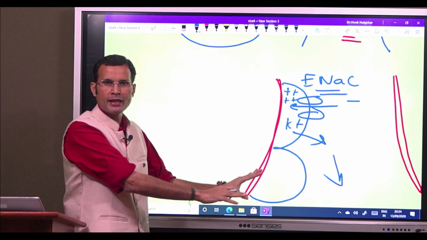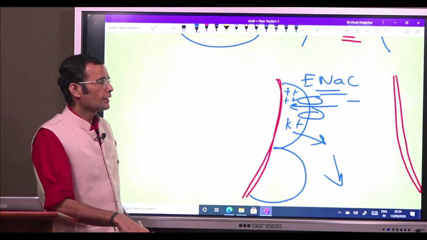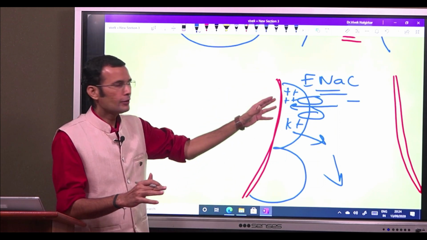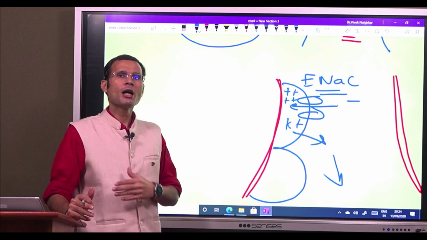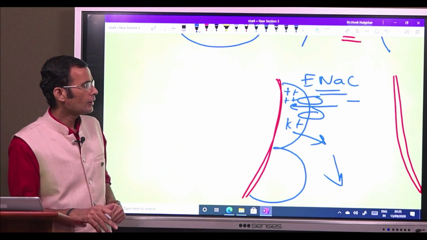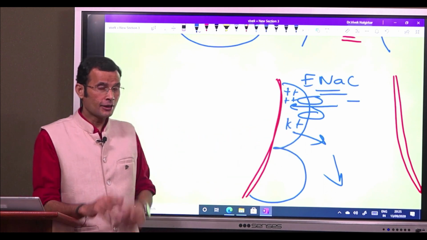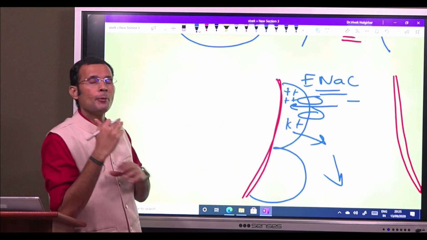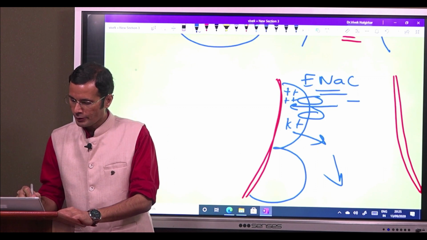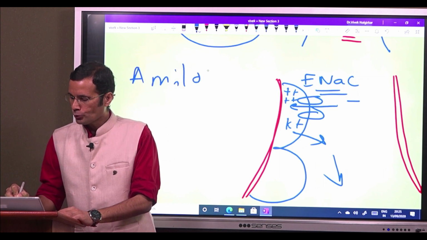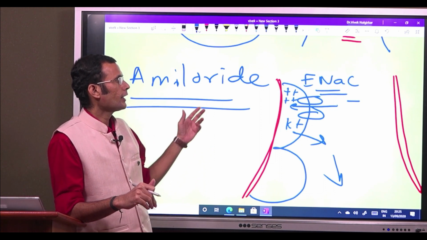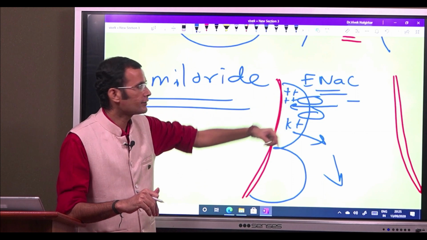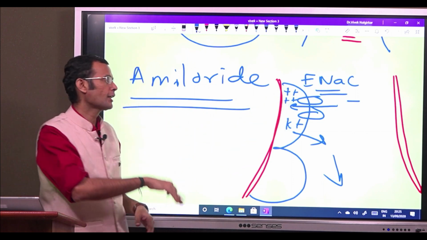We have seen this mechanism already. Now, these potassium-sparing diuretics, spironolactone or amiloride, act on these ENaCs. Therefore, these channels are also called amiloride-sensitive channels.